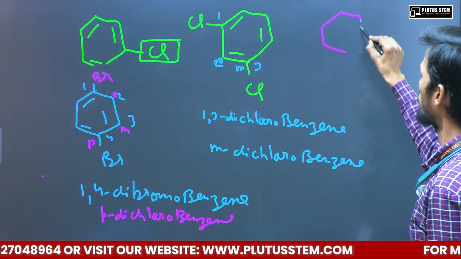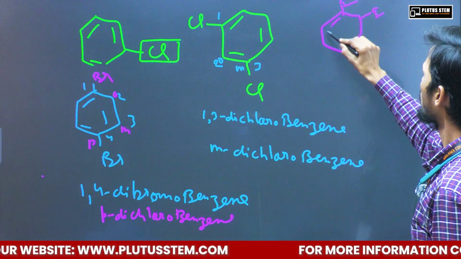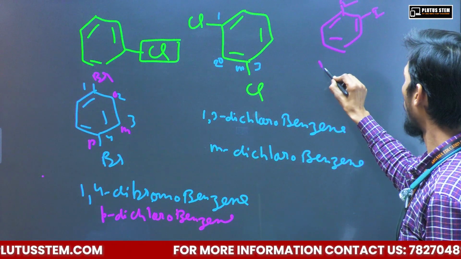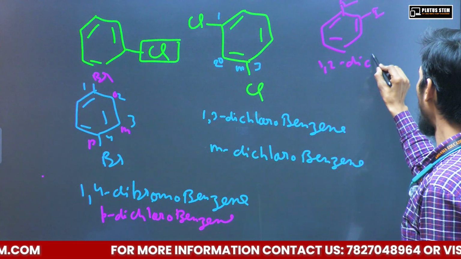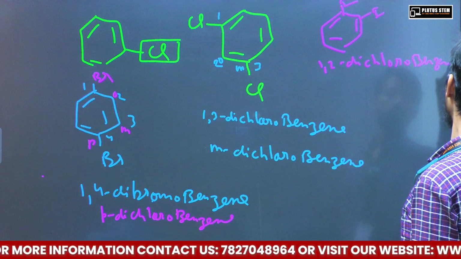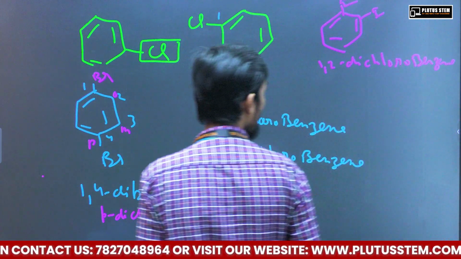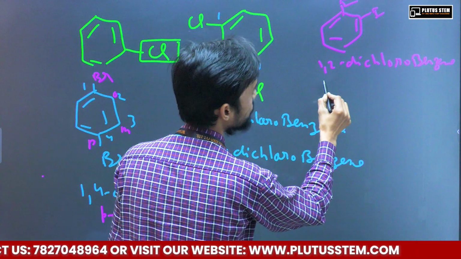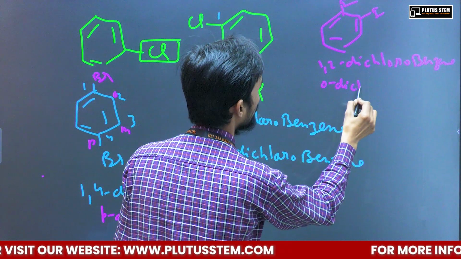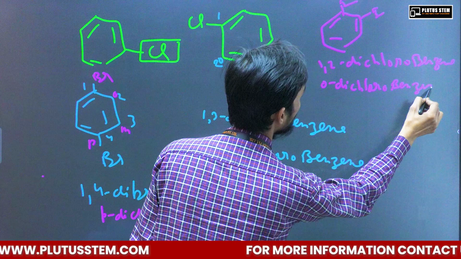In the same way, we can have ortho position substitution also. This is iodo, this is iodo. So I am just taking all those. This is 1,2-dichlorobenzene, and in the similar way, you will have ortho-dichlorobenzene.